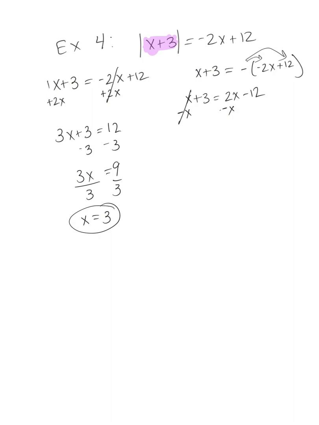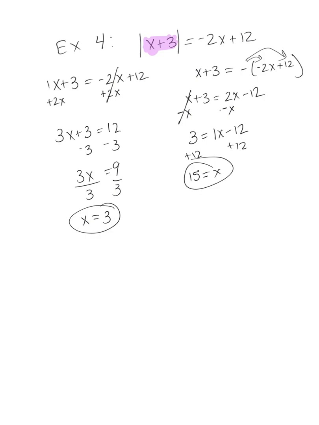I'm left with positive 3 equals 2x minus x is 1x. I still have minus 12, so I'm going to add 12 to both sides to get 15 equals x. So now what I want to do here is I want to solve again. Excuse me, not solve. I want to check my solutions.